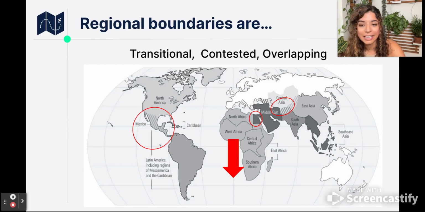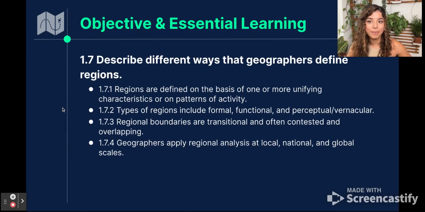For instance, let's say Mexico. Is it North America, South America, Central America? The way that it is thought about or where they place themselves can change depending on what characteristic they're looking at. Are they looking at purely geographic or environmental, or are they looking at maybe economic or socioeconomic as well? So that can change.